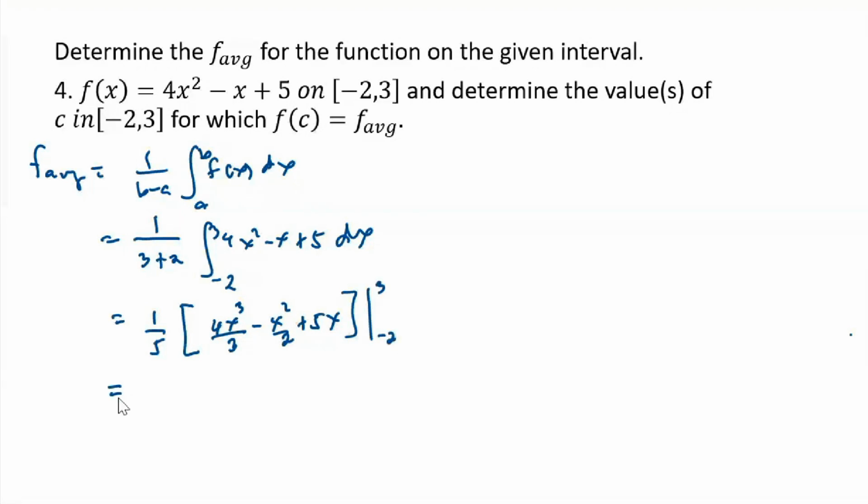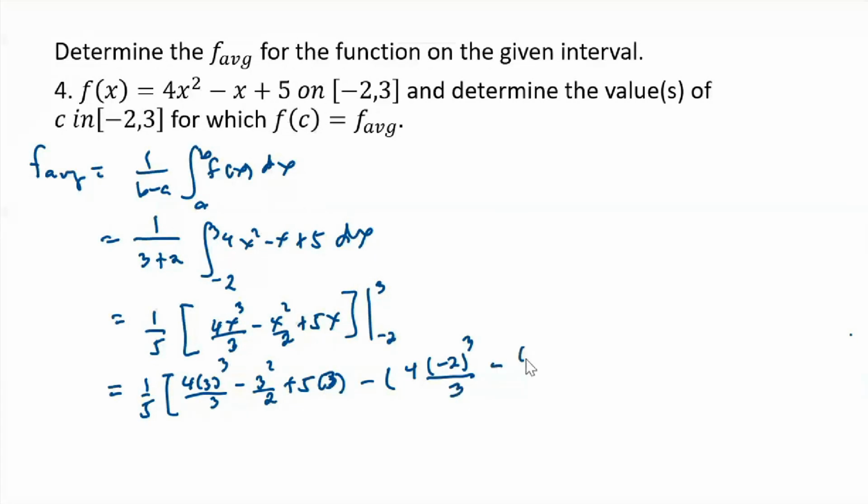By the use of FTC, we can write 4 times 3 cubed over 3 minus 3 squared over 2 plus 5 times 3, that's f of b, minus f of a, which is 4 times negative 2 to the third power over 3 minus negative 2 squared over 2 plus 5 times negative 2. After writing the FTC, now we can use our calculator.